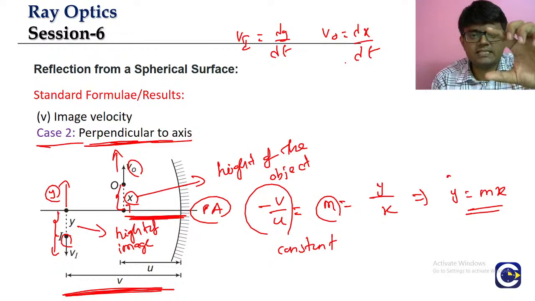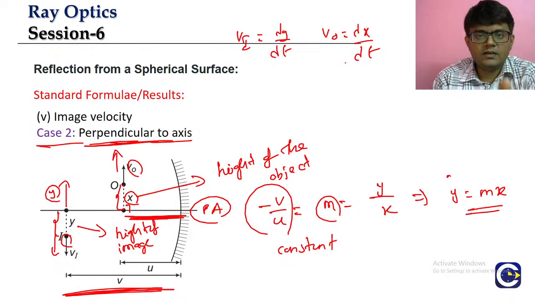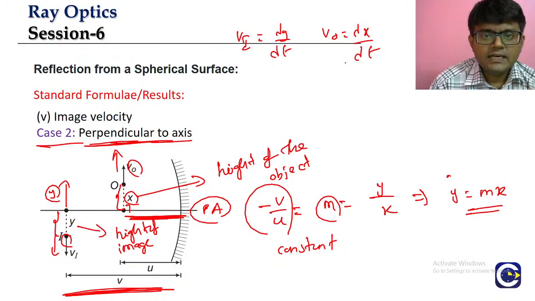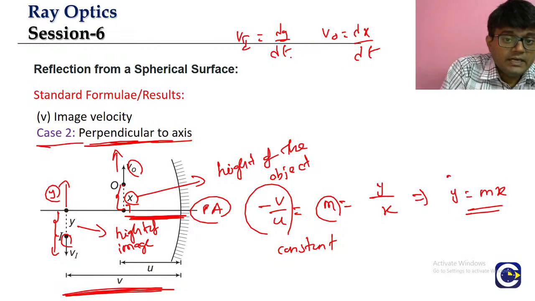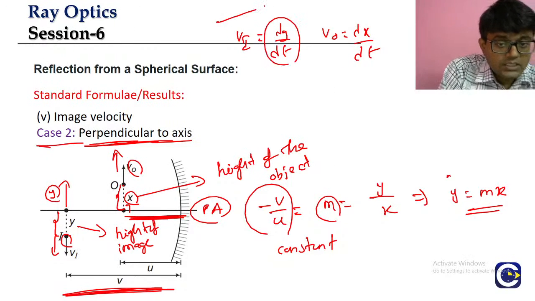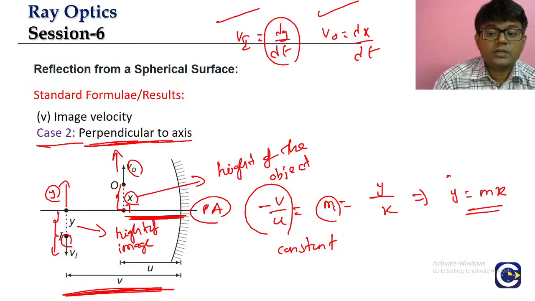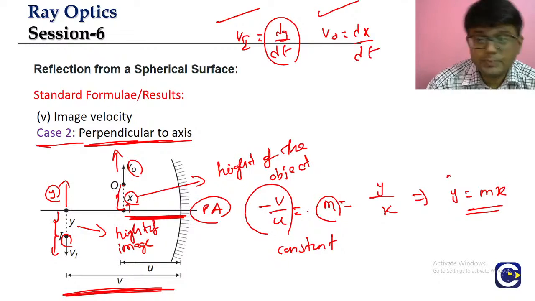As x is changing, the object will be moving in that direction. So that is the object velocity perpendicular to the principal axis. The rate of change of y is the image velocity perpendicular to the principal axis. The rate of change of x is the object velocity perpendicular to the principal axis.